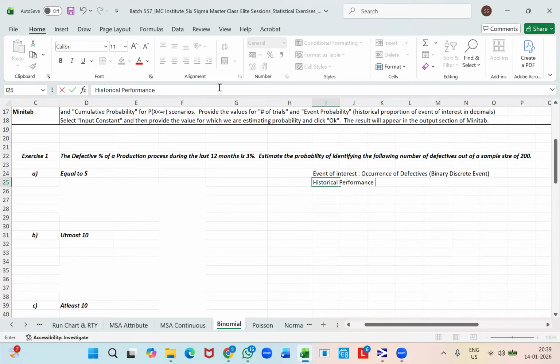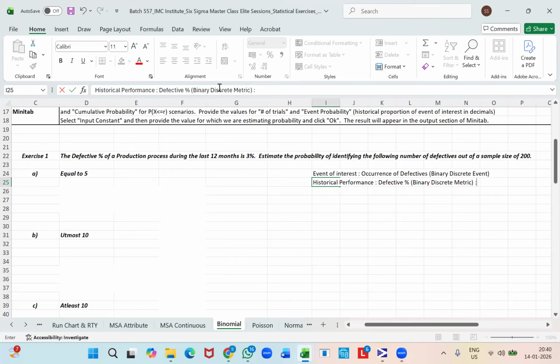As I told you, when we inspect a sample unit, it can either be defective or non-defective. Non-defective is what you would call an accurate transaction. So, accuracy percentage can be a binary discrete metric, and obviously the defective percentage can also be a binary discrete metric, right? So historical performance is in terms of defective percentage, which is a binary discrete metric.